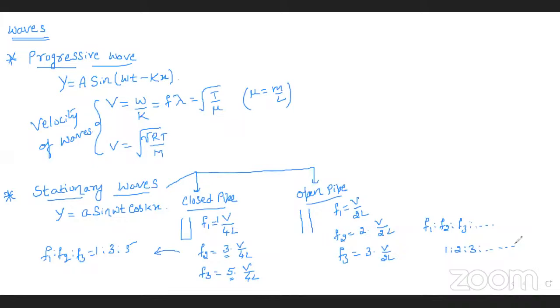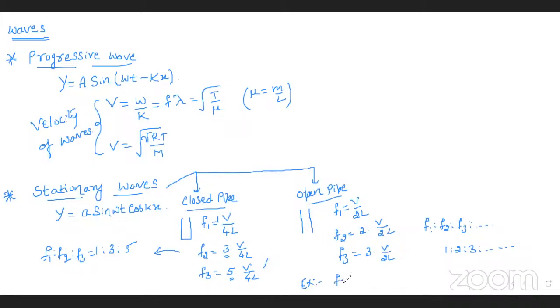So whenever they are going to ask any particular fundamental frequency, you have to be in a position to write the formulas here. Suppose if they say the third fundamental frequency of the closed pipe is equal to the second fundamental frequency of the open pipe, then what will you write? Example I'm saying.